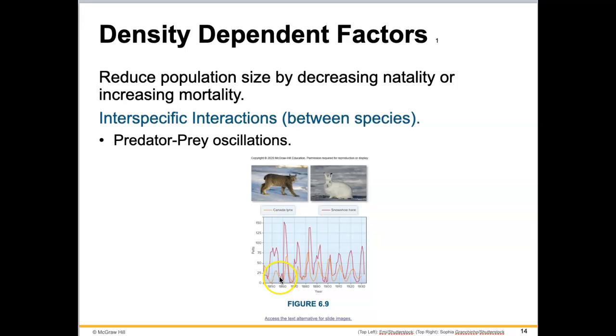They decreased the population of food items, and therefore the lynx population decreased. So there's a relationship in the oscillations, the up and down of predators and prey, and the predators are lagging behind the prey, and we see this locally.